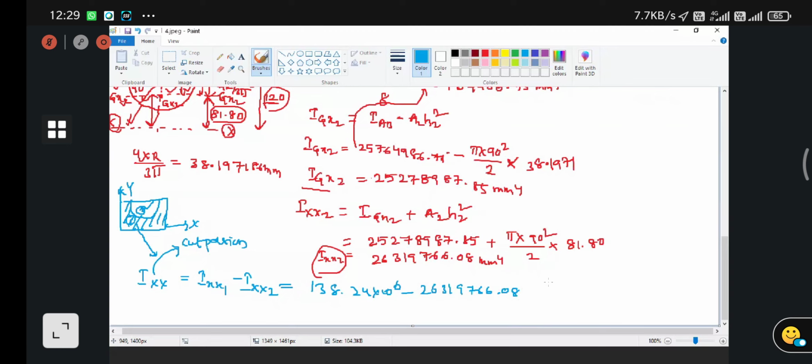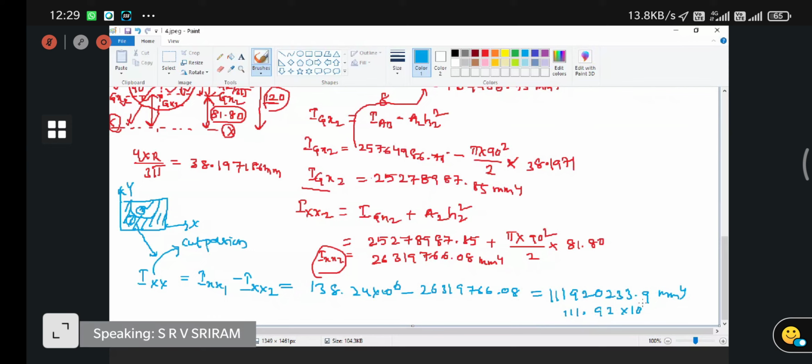So you are going to get 111.92 into 10 power 6 mm power 4.